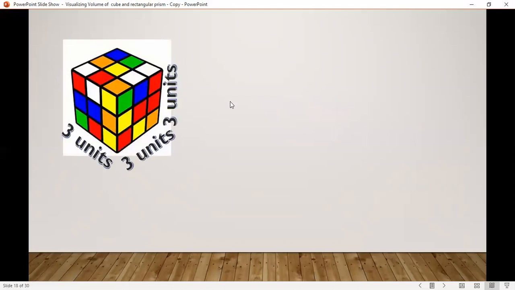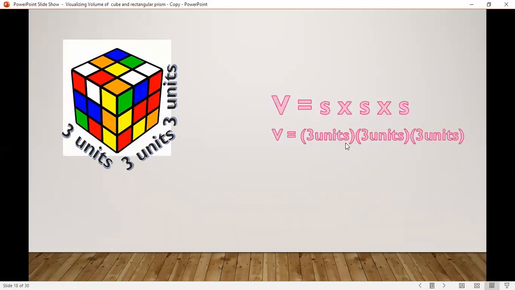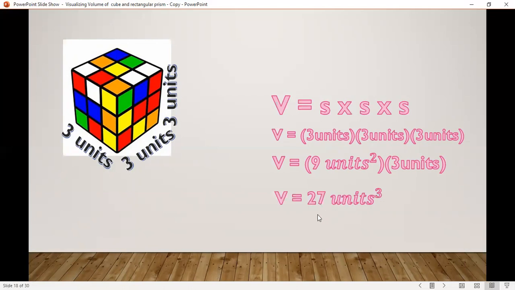So for a cube, the formula is side times side times side. So side 3 units. So 3 units times 3 units times 3 units. 3 times 3, 9. Units times units, units squared times 3 units. 9 times 3 equal to 27 units cubed.